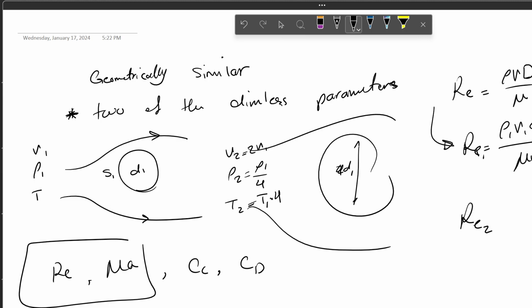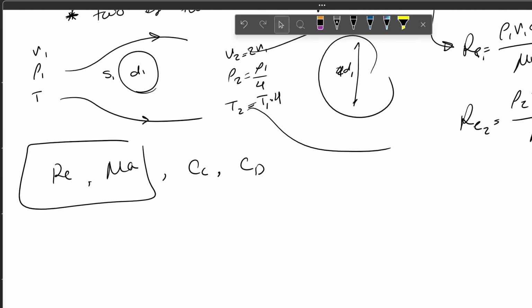What about the Reynolds number of 2? Rho 2, V2, D2 divided by mu 2. We know the relationship between rho 2, V2, D2 and rho 1, V1, D1. Let's just substitute rho 2, V2 and D2 for their counterparts.